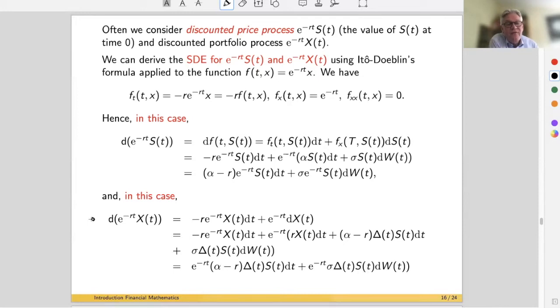So we have found with the Ito-Doeblin formula the dynamics of the discounted price process and the discounted portfolio process. And we have collected the dt terms and the dW terms here. So that's all nice. Let's continue with this exercise.